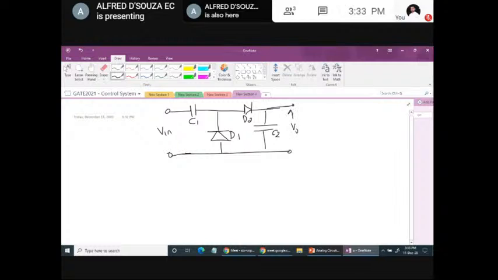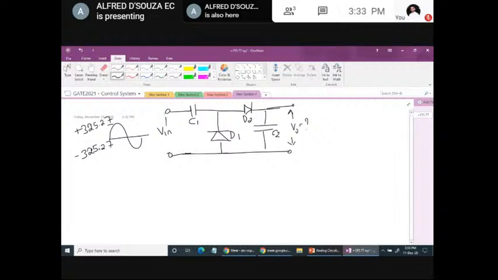And this is V0. We are supposed to find out the steady state output voltage. And the input peak is plus 325.27, and this side is minus 325.27.